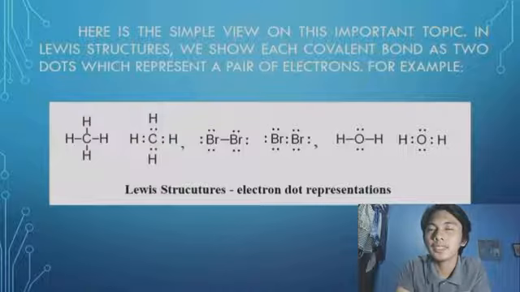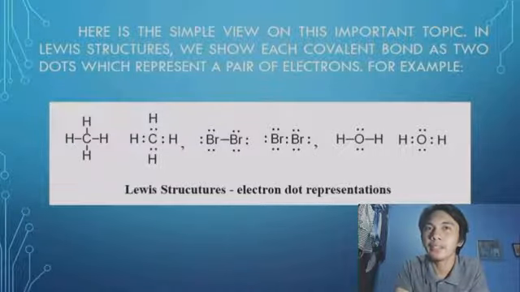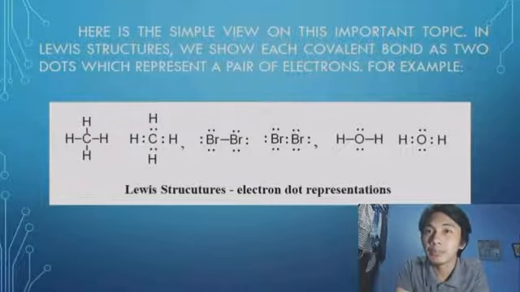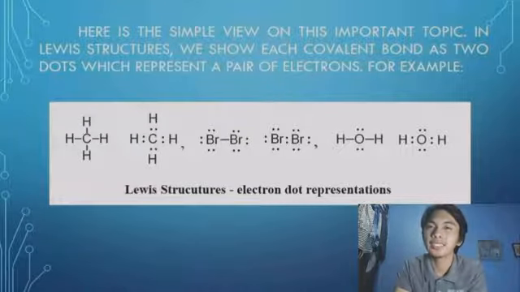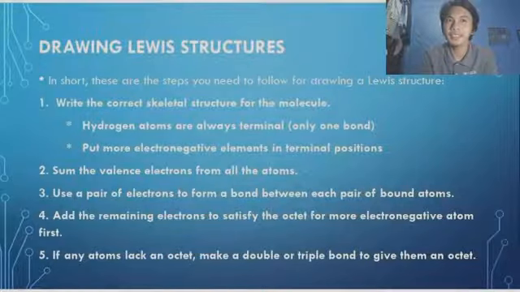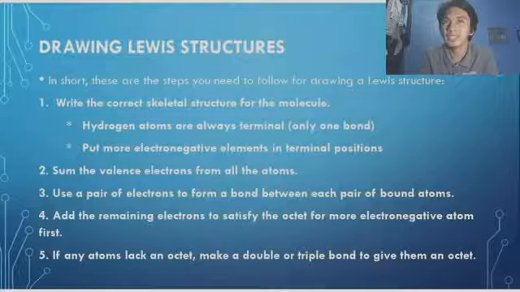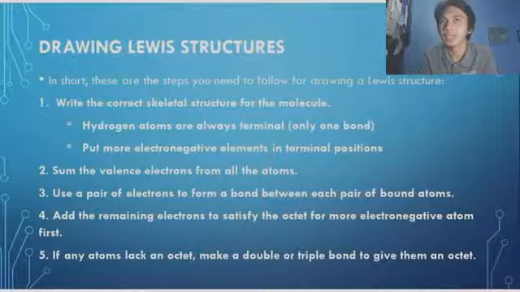So the bonds can be represented either with a line or a pair of electrons, which is by the use of dots. As a reminder, valence electrons are the ones in the outermost energy level. So let us proceed to drawing the Lewis structure. In short, these are the steps you need to follow for drawing a Lewis structure.